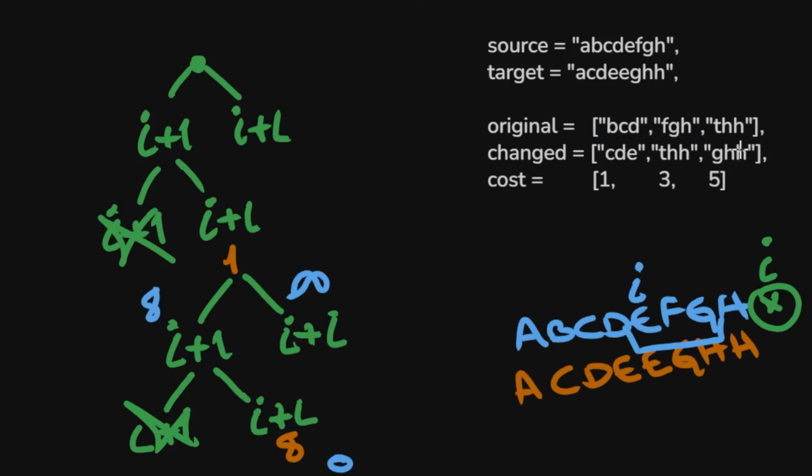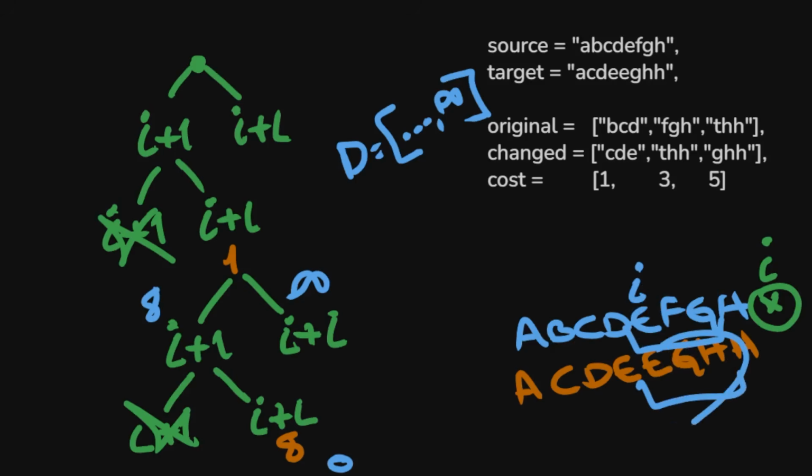We don't have any string starting with E. Remember that in Dijkstra we have an array where every value is initially positive infinity except for the source. So if after running Dijkstra with this source and this destination we get positive infinity, this means that we can't use any change, so we return infinity.